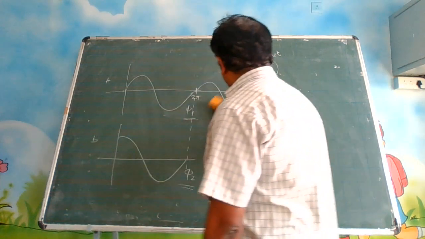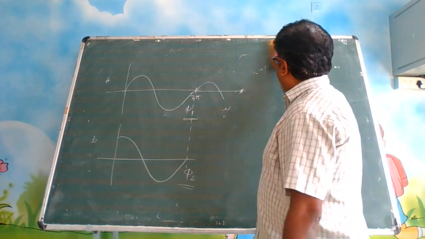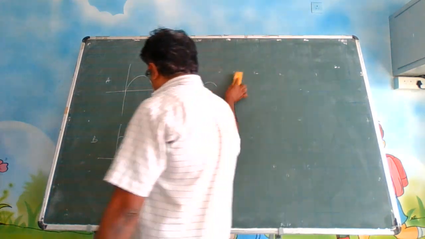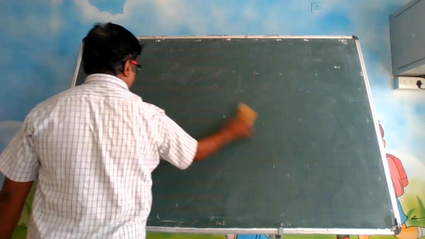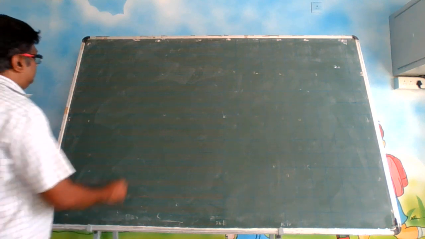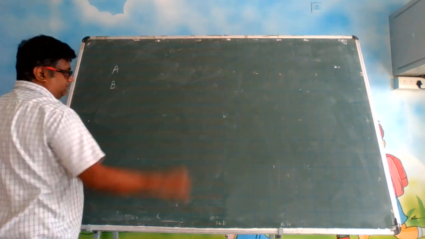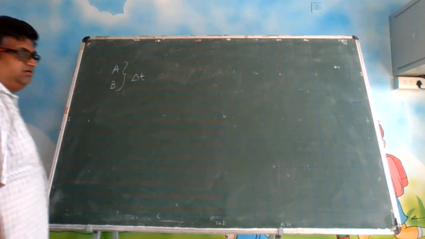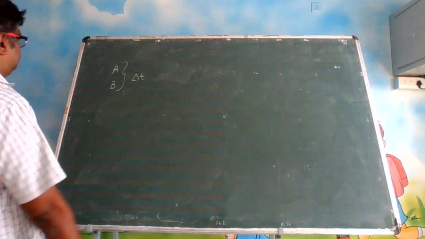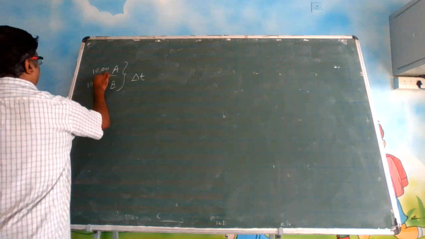So these two you should remember. So let us say you have a motion A and a motion B. Between these two, there is a delta t time difference. Let us say this started at 10 o'clock and this started at 10:01.